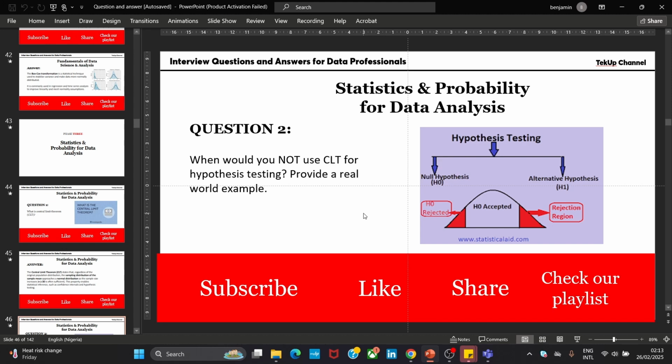Secondly, the next thing to consider before choosing to use CLT for your hypothesis testing is the sample size. Your population size will determine your sample size, so you need to ensure that you are working with a large population that will give you a large sample size.